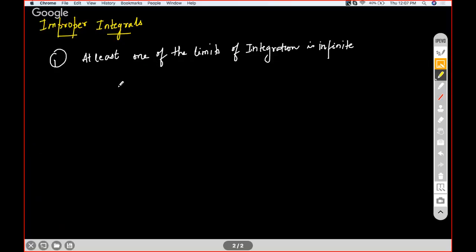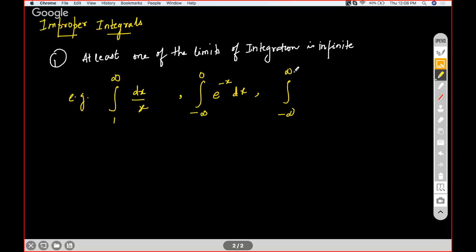A typical example would be the integral from 1 to infinity of 1 by x, or the integral from minus infinity to 0 of e to the power minus x. You can have both the limits as infinity also, for example the integral from minus infinity to infinity of dx by a square plus x square. So here at least one of the limits of integration is infinite.